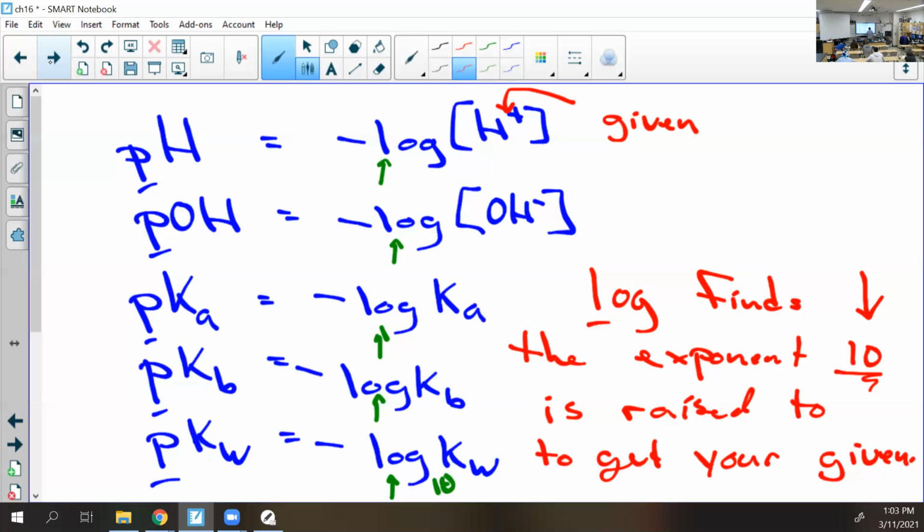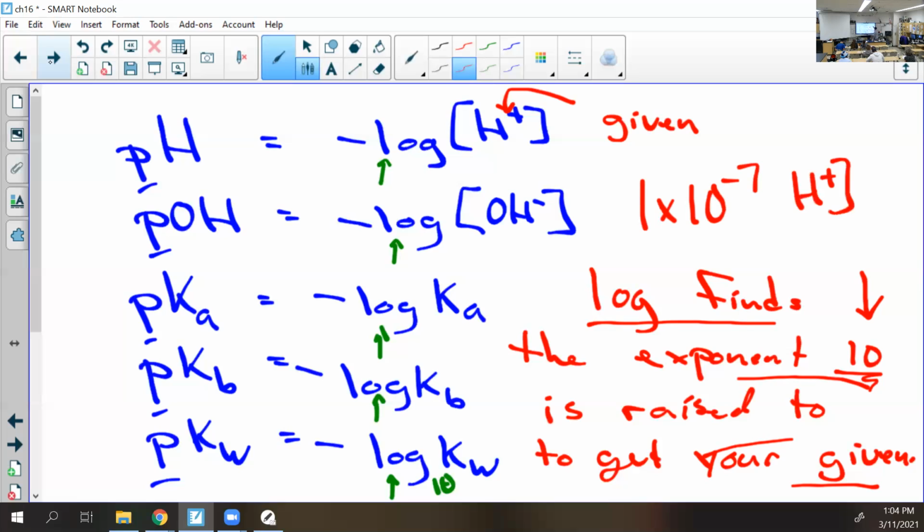Log is always just finding the exponent 10 is raised to that gave you the answer. So if I have 1 times 10 to the negative 7 as my H plus concentration, and I took the negative log of this number, its job is to find the value 10 is raised to, which is negative 7, right?